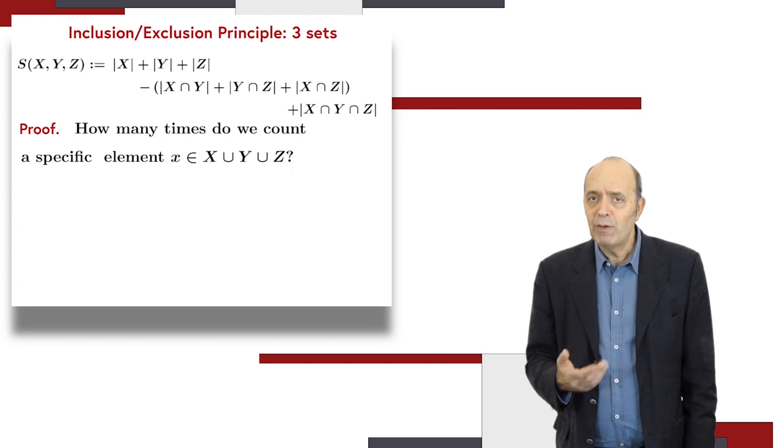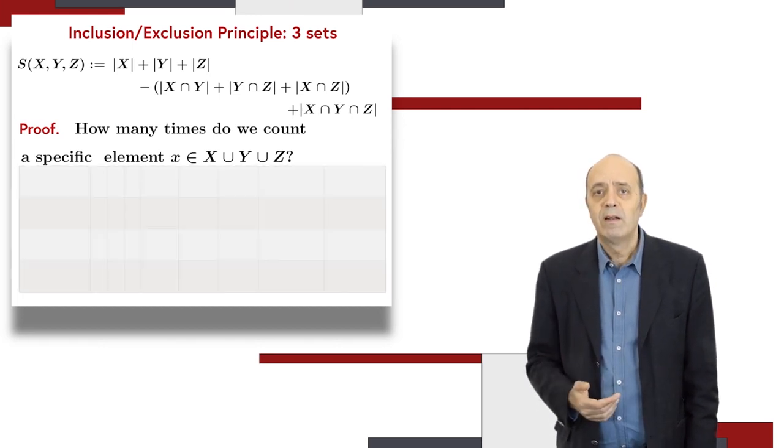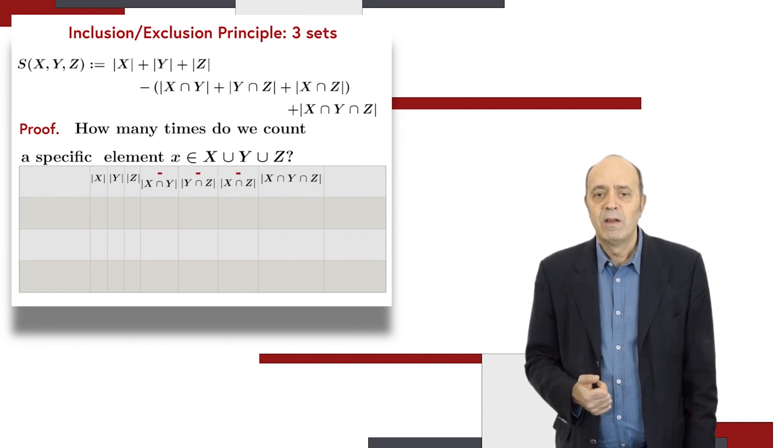We consider different cases. Small x may belong to just one of the sets, or to just 2 of the sets, or to all the 3 sets. Let's see how it works.